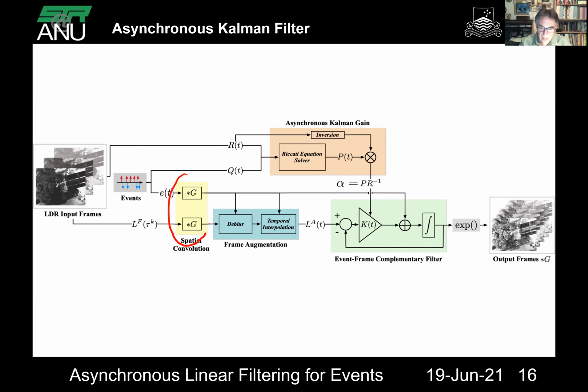The other thing that I'm going to mention a little bit in this framework is this idea of spatial convolution. And one of the nice things about linear filtering is that you can exchange linear operations.